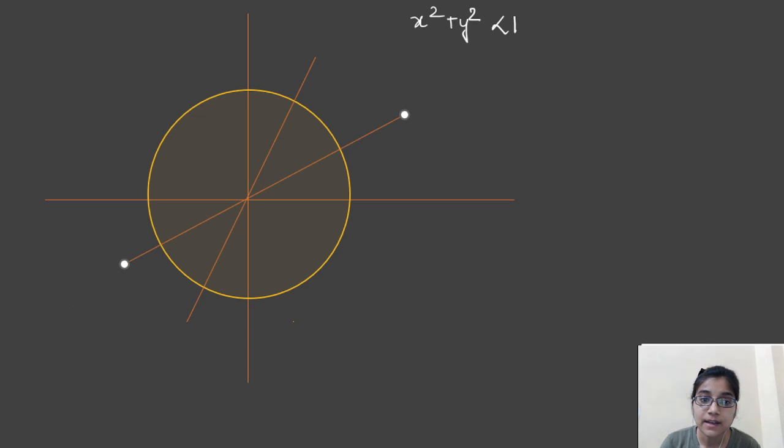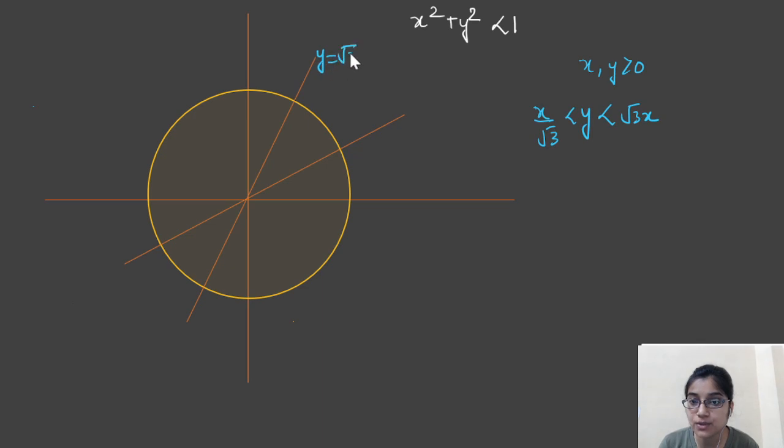Hope all of you can understand. Here, since x and y both are greater than 0, we will be in the first quadrant only. And they are saying that y should be greater than x by root 3 and smaller than root 3x. This is your y equals root 3x and this is your y equals x by root 3. So you can see very clearly that this is going to be our region of integration.